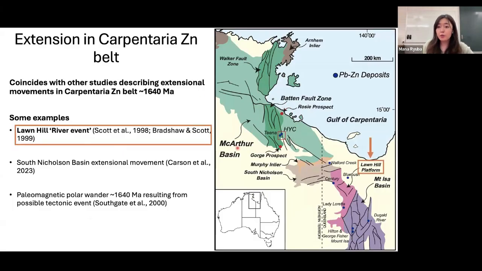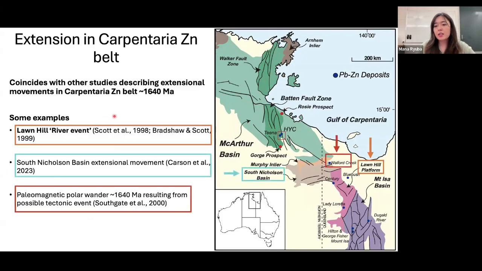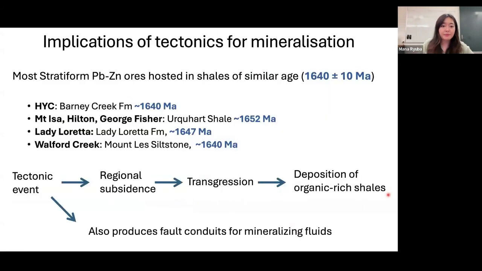So this is the rift event that was described by Scott and others from seismic data. And then we also have some geochron studies and paleomag studies as well in these other parts of the Carpentaria zinc belt. So essentially, this is suggesting that this tectonic event is actually affecting the whole of the Carpentaria zinc belt, not just the McArthur Basin.